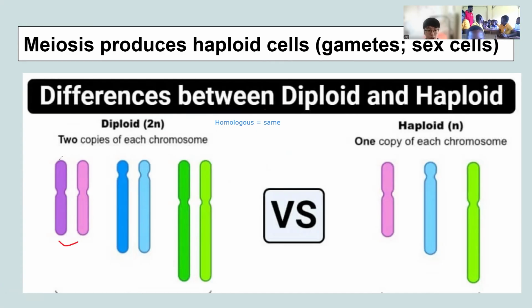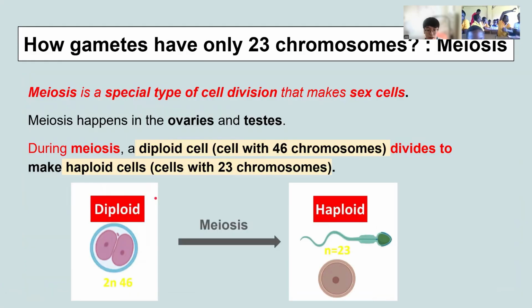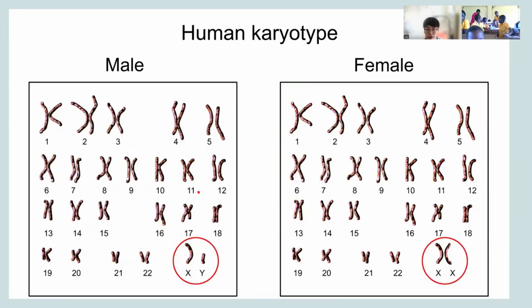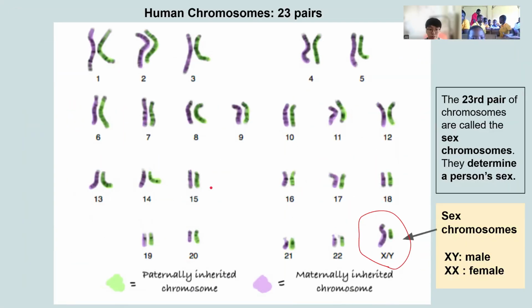These two are homologous pairs. And we can look at this picture right here. So we have lined up homologous pairs, the same pair.